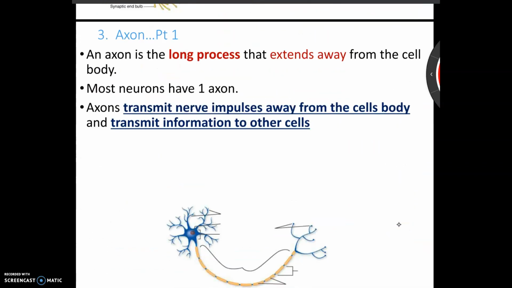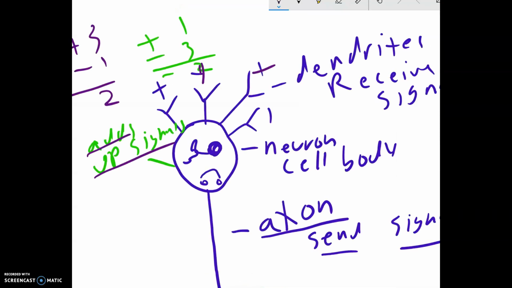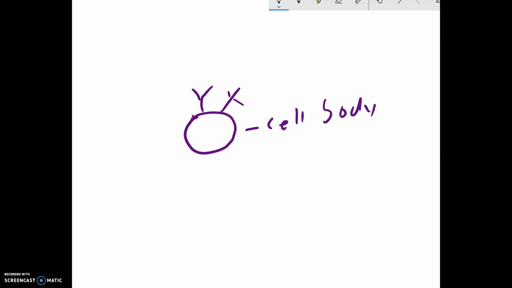So let's talk about axons now. Let's go back to our sketch pad. And again, we have our cell body. We have these branched dendrites. What do the branched dendrites do?